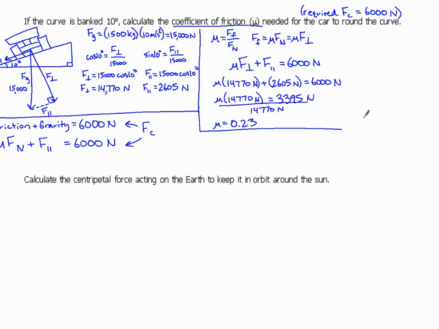So let's write this. Without friction, we could make a steeper bank to make the centripetal force equal 6,000 newtons. It's possible. Let's look into what it's going to take.